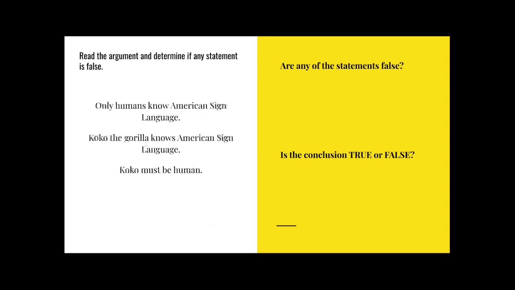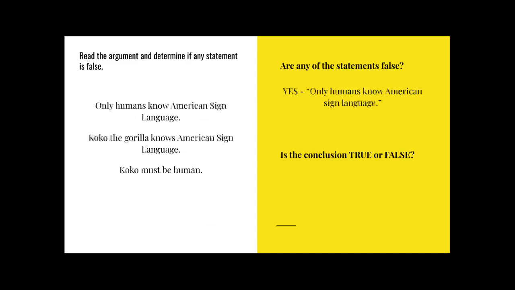Let's take a look at this one. Only humans know American Sign Language. Coco the gorilla knows American Sign Language. Therefore, Coco must be human. So are any of these statements false? Yes, only humans know American Sign Language.